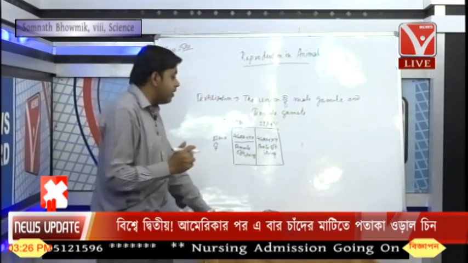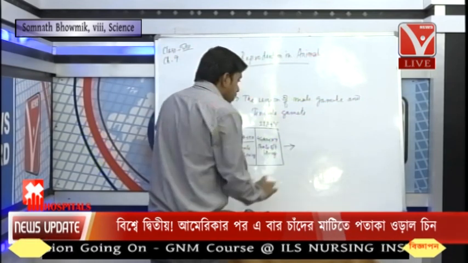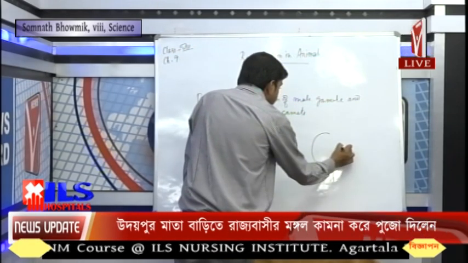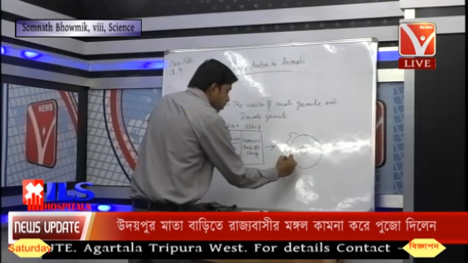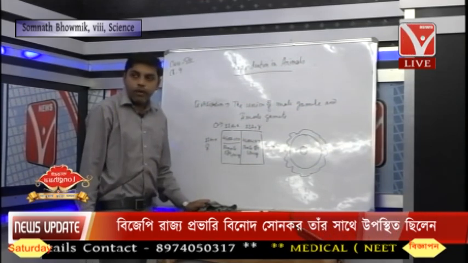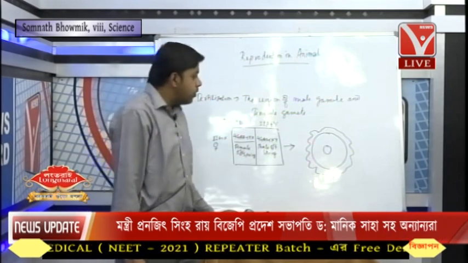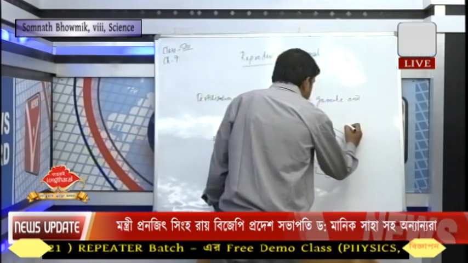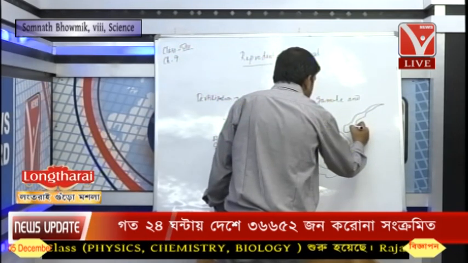Now after fertilization, let me draw an ovum, that is the egg, with its nucleus. The egg is released from the ovary. Now a number of sperms came here.